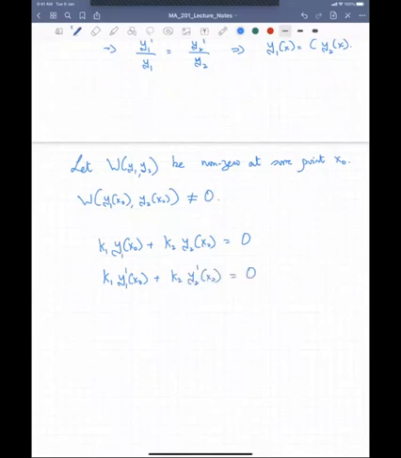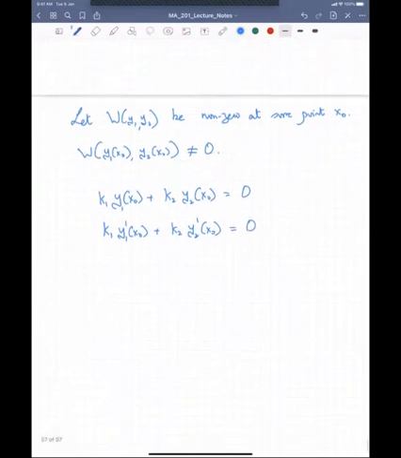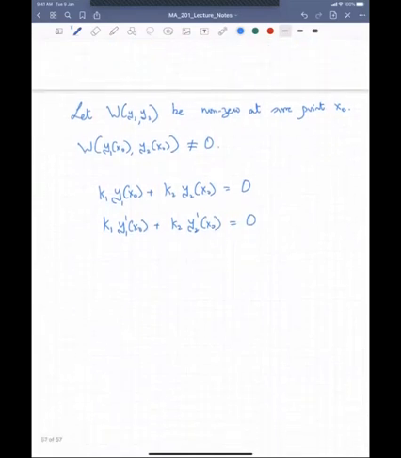This is the system of equations just like we had before, except that it is evaluated at the point x equal to x0 where my Wronskian is guaranteed to be non-zero. Now multiply this equation by, I don't know, y2 prime, and multiply this equation by y2 and subtract. What happens?